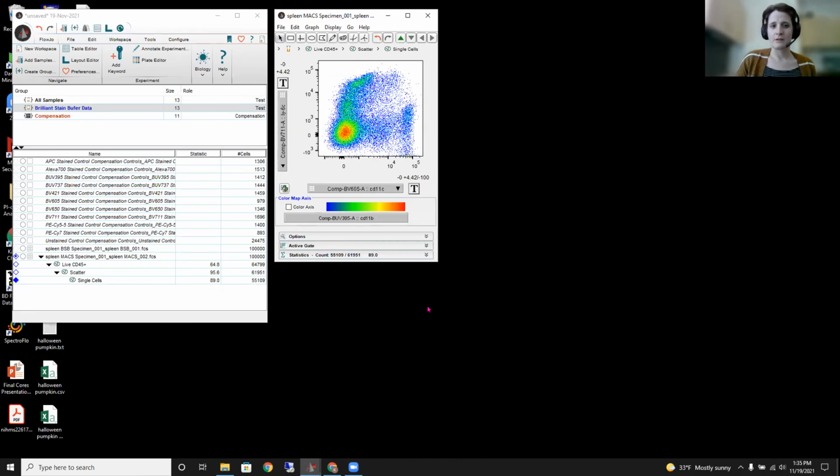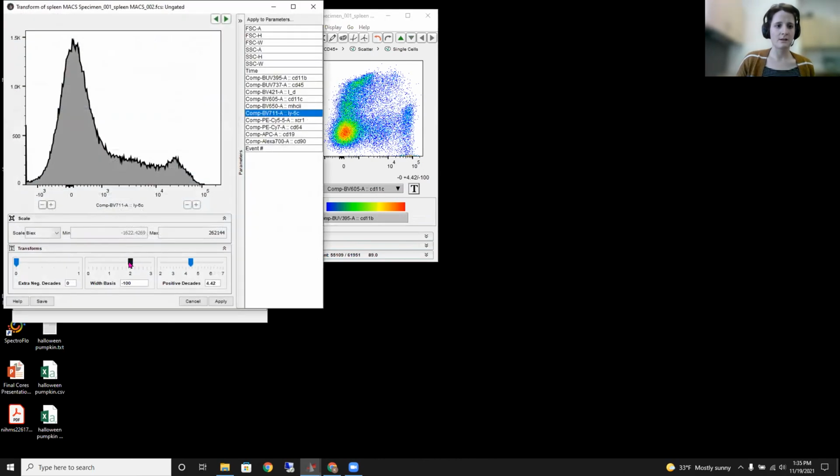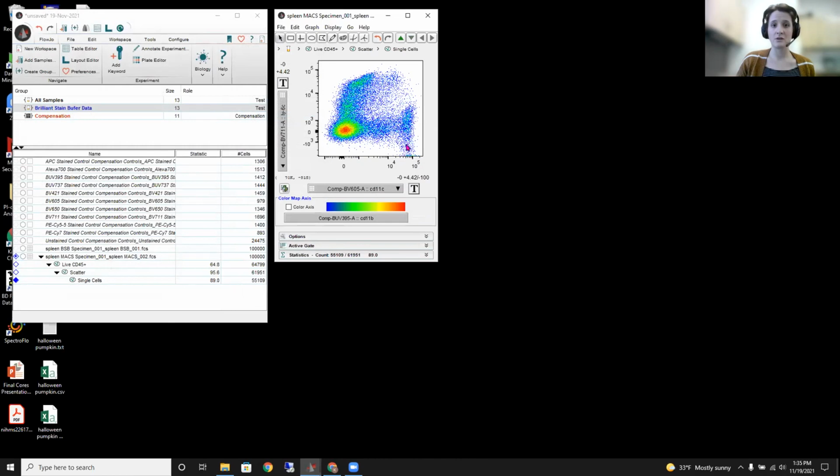Let's look at CD11C. Now, right away, I think we can all look at this and see that there's quite a difference here in how the populations are pulling out, right? Let me go ahead and customize this axis and adjust the width basis a little bit so you can get that full distribution. We see a bit of the spread from that BV605 into the BV711.